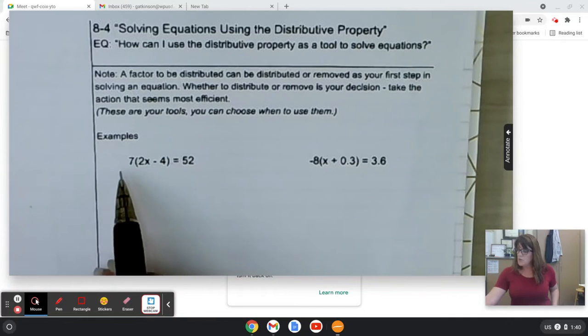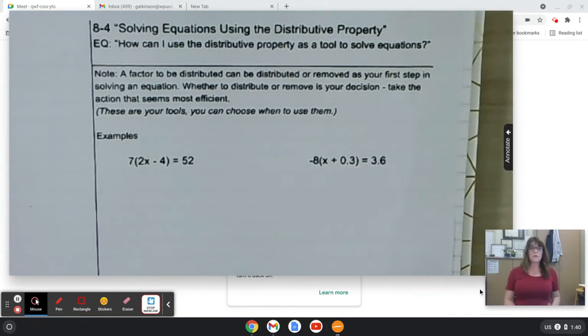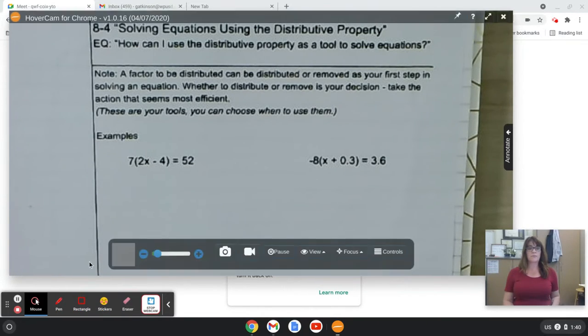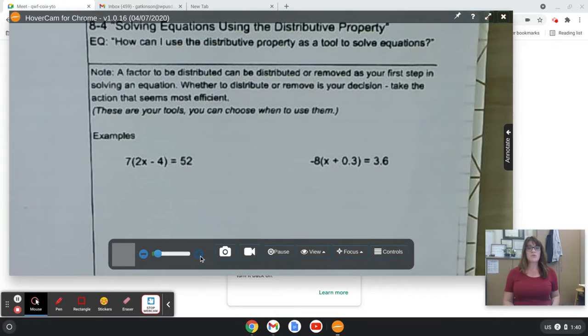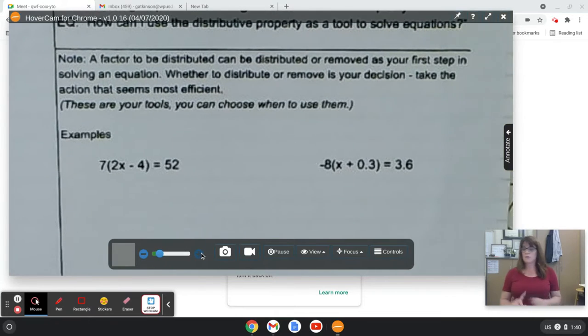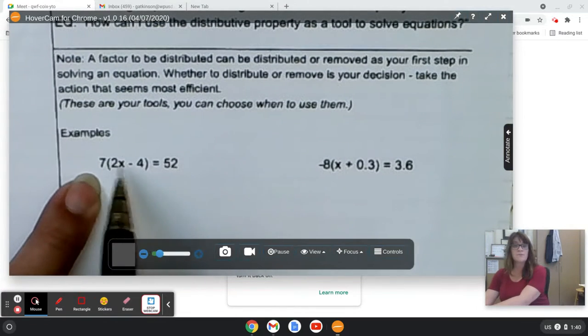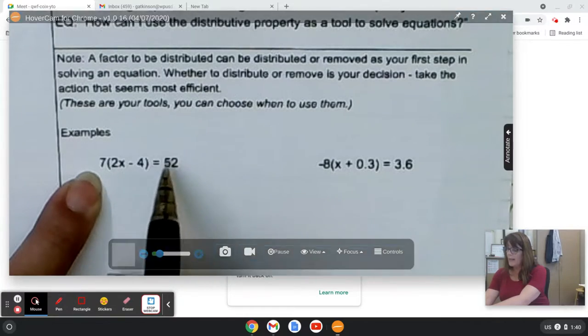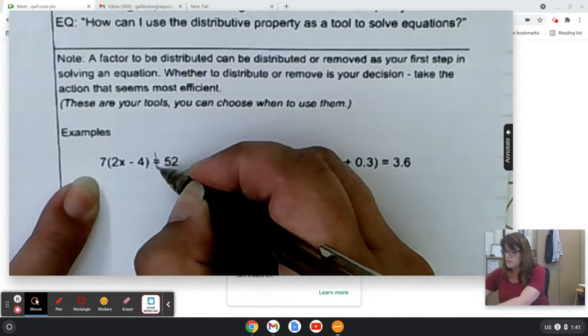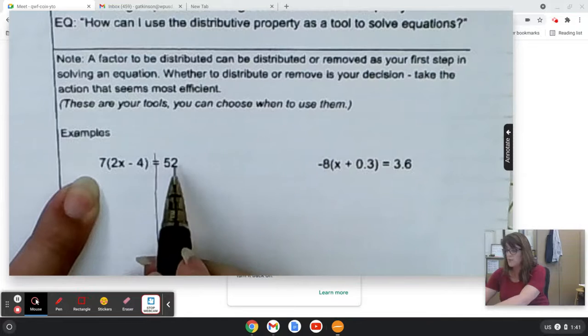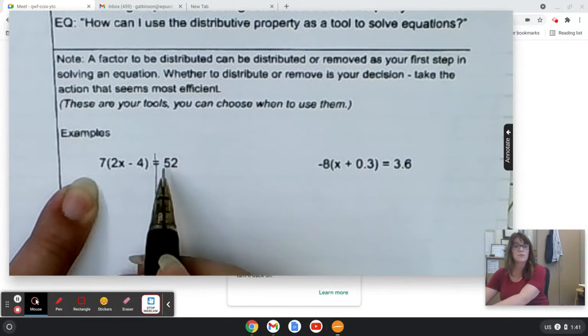So at this point, I have a 7 and the quantity 2x minus 4. I have these two factors on one side of the equation. And we know that the value on both sides must be 52.